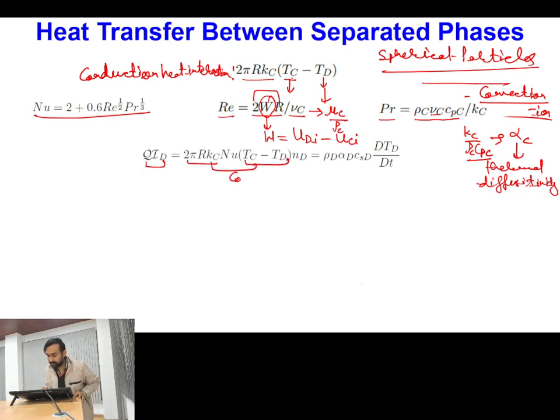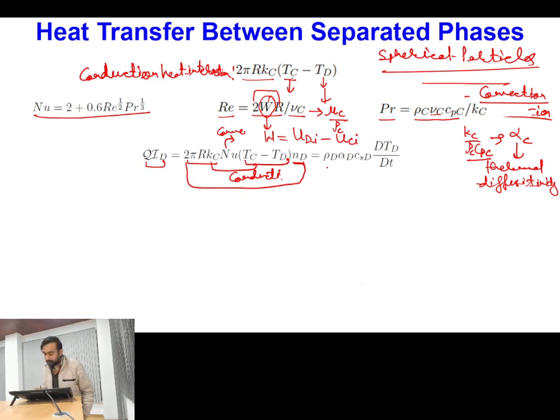This was the conduction. When I have multiplied this with Nusselt number, it has become convection. And then I have multiplied with Nd. Say in my total control volume, Nd number of particles are present. So this is nothing but my net heat interaction with the dispersed phase particle.